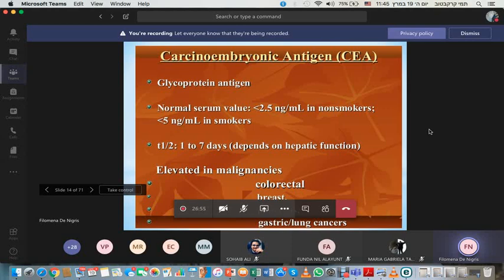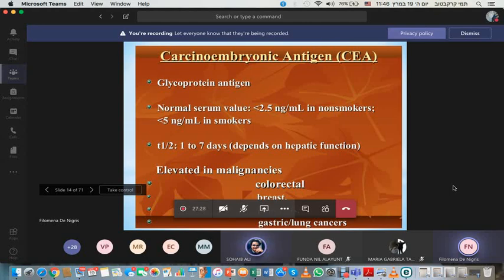That means that CEA can help the diagnosis of colorectal cancer or breast cancer, but it isn't an early marker of disease and is not specific. It's a broad-range marker, and we can use this marker to help the diagnosis.